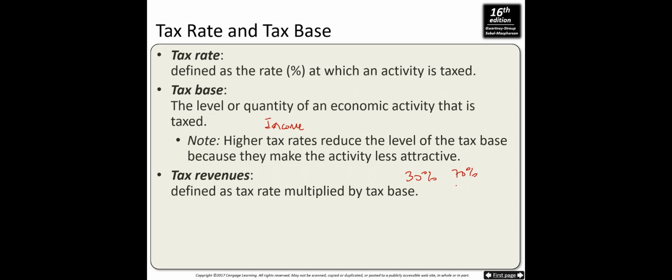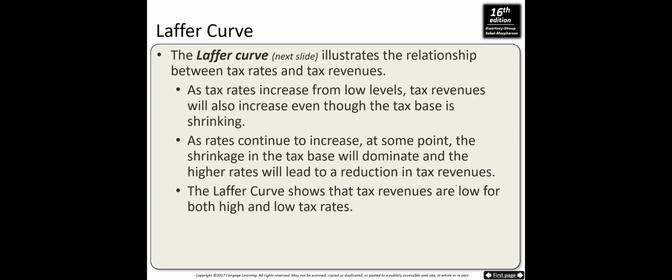Tax revenue is defined as the tax rate multiplied by the tax base. The Laffer curve illustrates the relationship between tax rates and tax revenues. Dr. Laffer says that as tax rates increase from low levels, tax revenues will also increase even though the tax base is shrinking. So when the tax rates are increasing from 0 up to some level, tax revenues are going to increase.